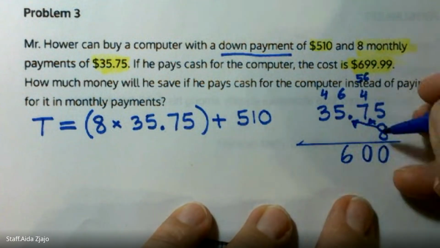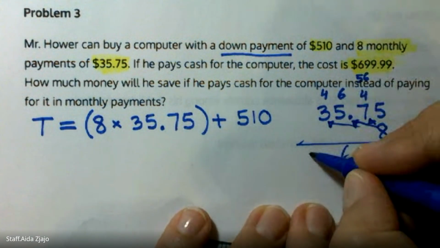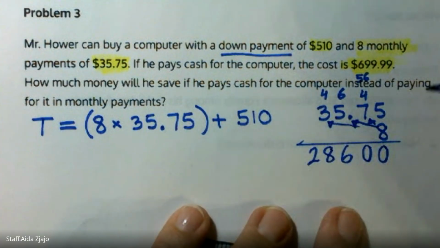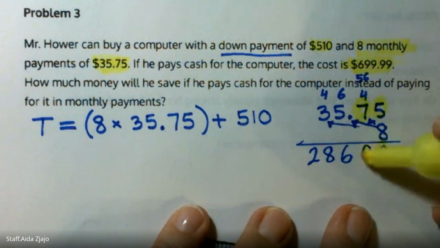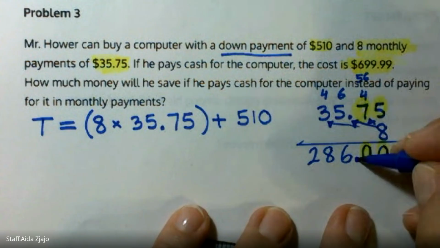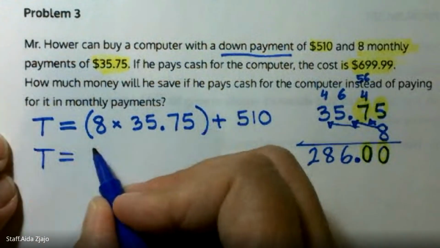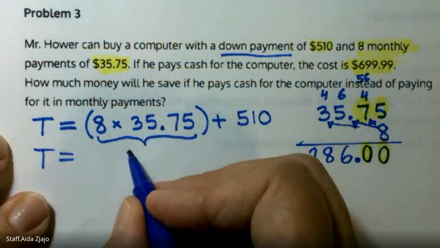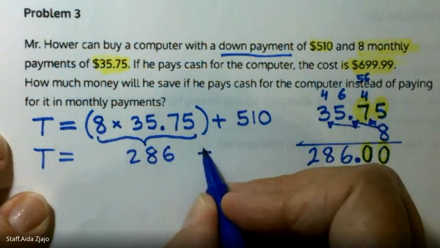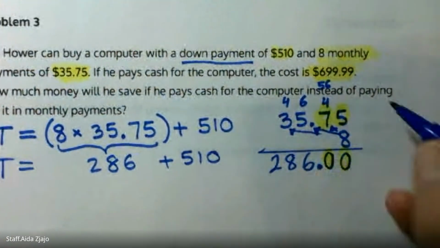Remember 4. 3 times 8 is 24, plus 4 is 28. So in the answer, we'll have hundreds too. So this would be T equals $286 plus 510.